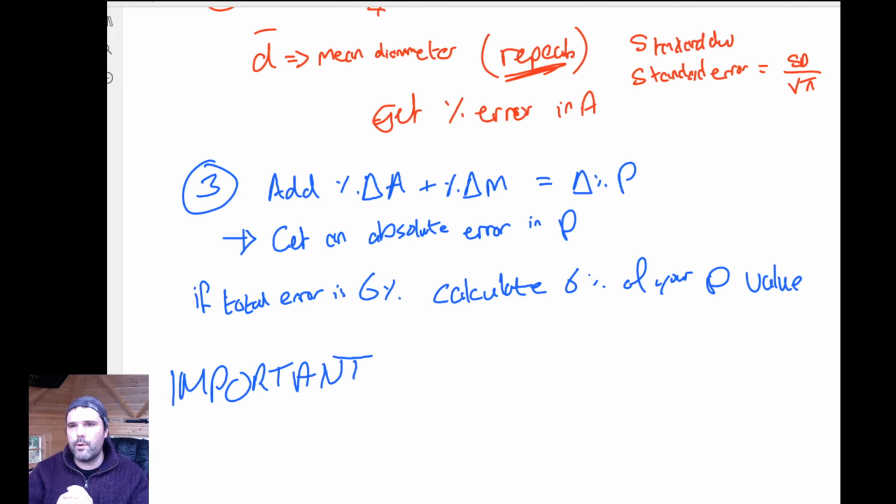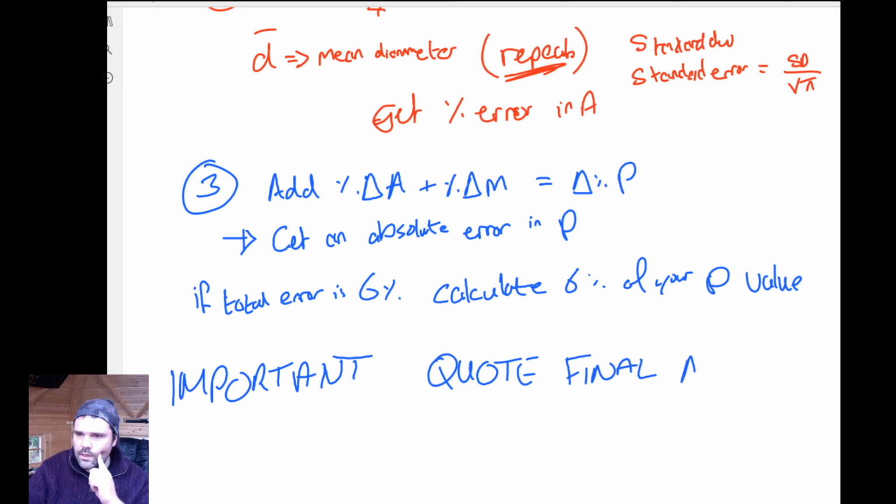Remember, the whole point of this experiment was to give a rho value for resistivity. So give it with its error. Quote your final answer and its error.